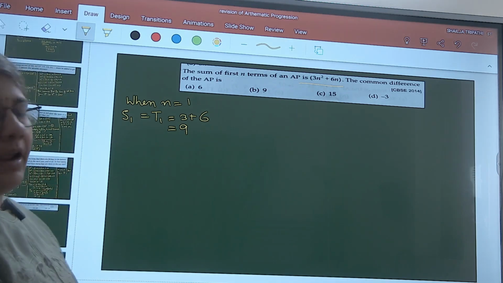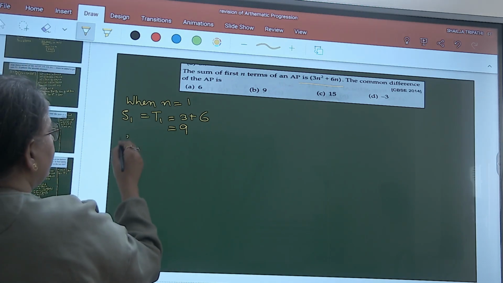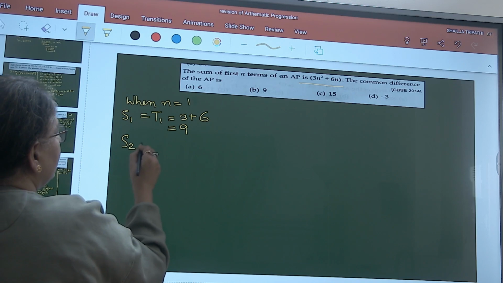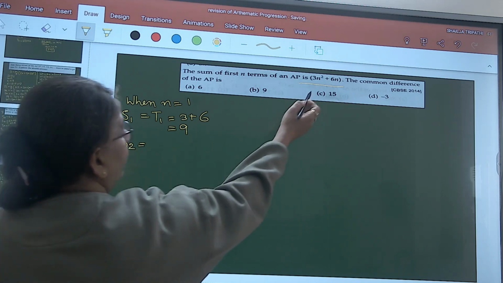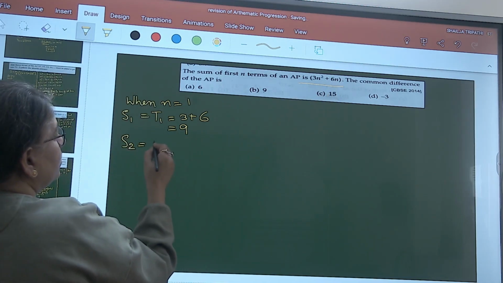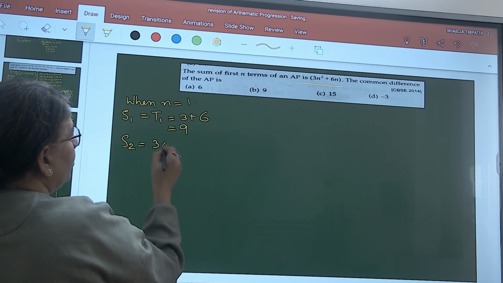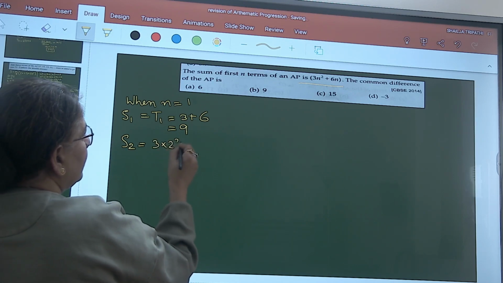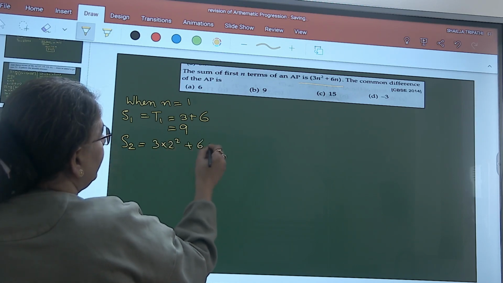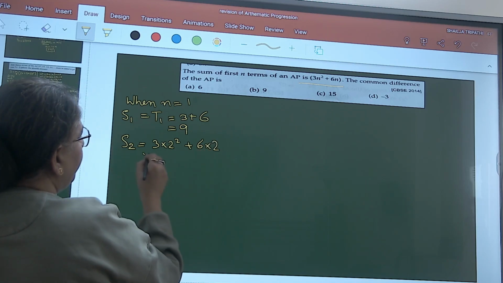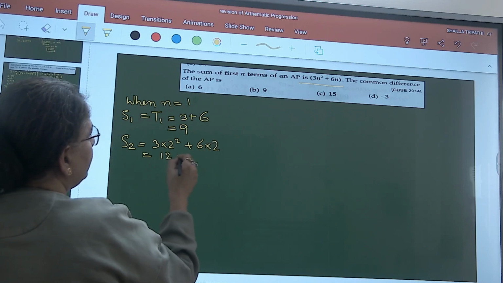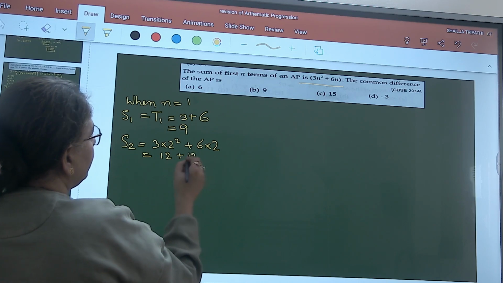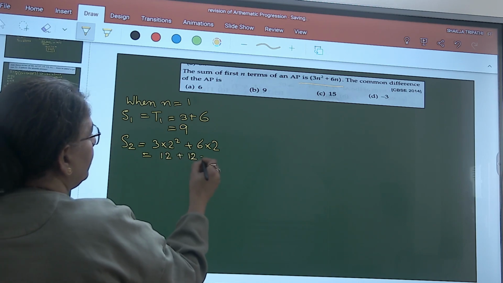Similarly, we'll find S2, sum of first two terms. So again put n is equal to 2. So what we get, 3 into 2 square plus 6 into 2. So we get 12 plus 12, 24.